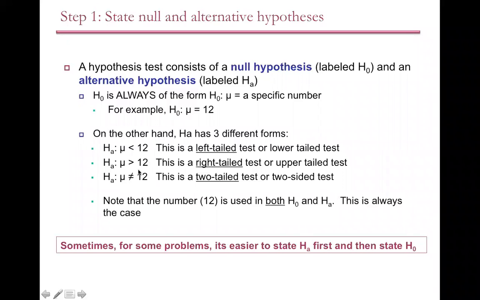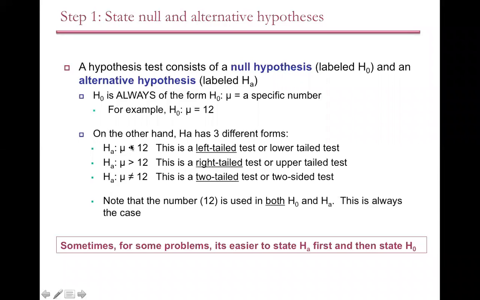Those are the only three possibilities. Now note a couple of things here. 12 is here, 12 is always here. These are the same numbers. That equal sign is always on H naught, and HA never has an equal sign. It can have a less than sign, a greater than sign, or a not equal to sign.